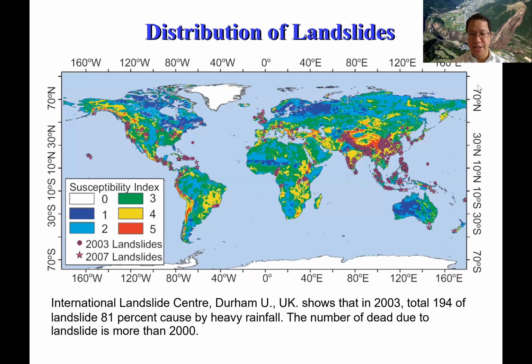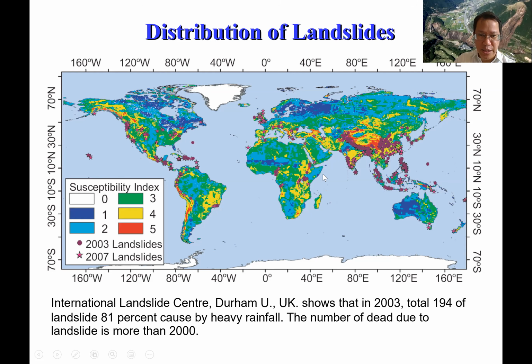Let's concentrate on landslides. This is the location of the landslides that occurred only in 2003, only that year. The total number is 194 cases, and 81% of these landslides were caused by heavy rainfall.